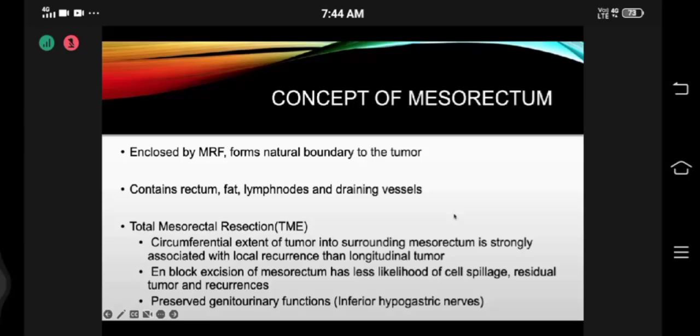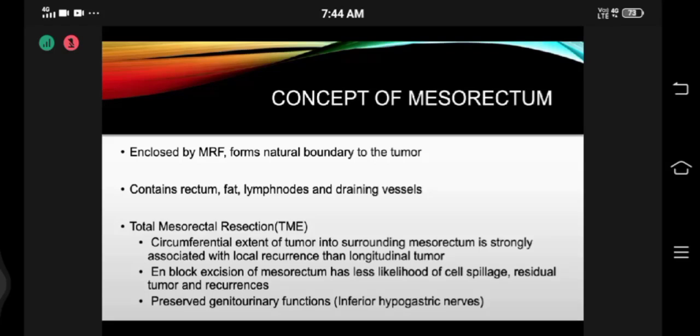So what is mesorectum? As you know, with advances in surgery, TME has revolutionized rectal surgery. After the advent of TME, the local recurrence rates have come down to less than 10%. And with TME and with CTRT, the local recurrence rates have further come down to less than 2.4%.